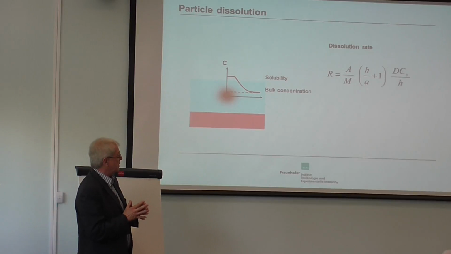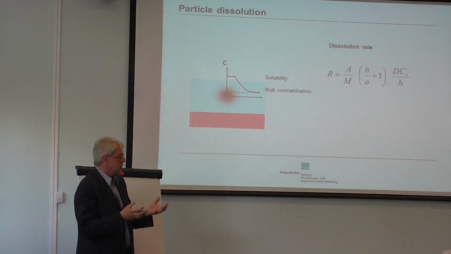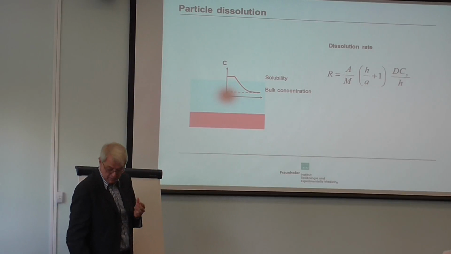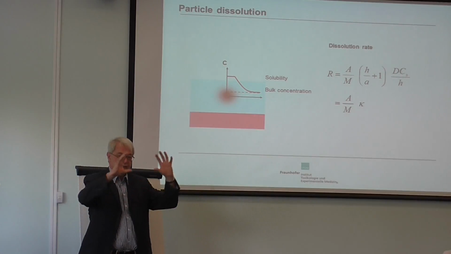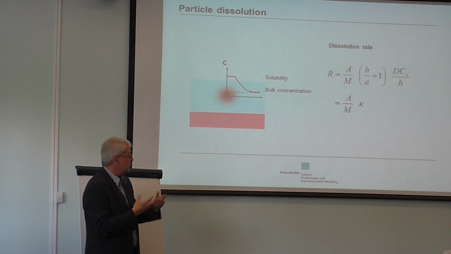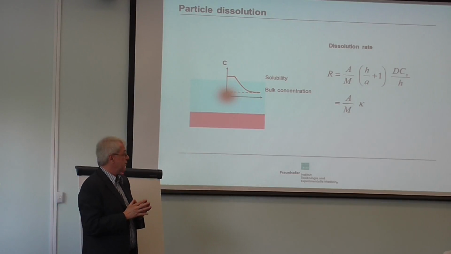I will also not go into details, but the percentage of the material that is dissolved per time unit is a rate, so how much is lost per day, this gives the dissolution rate, and the dissolution rate is essentially determined by two factors. By the surface area, or the specific surface area, so the surface area per gram of particles that you introduce, and a material-dependent constant, which is the specific dissolution rate.